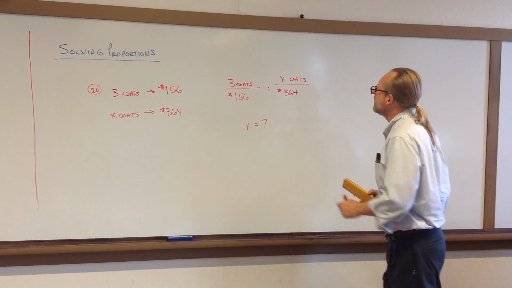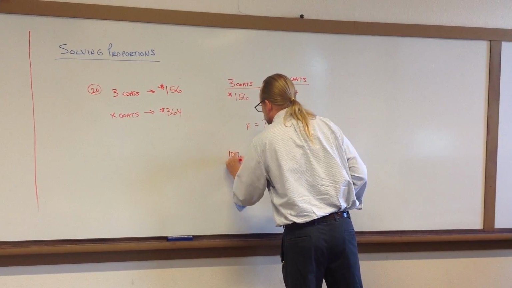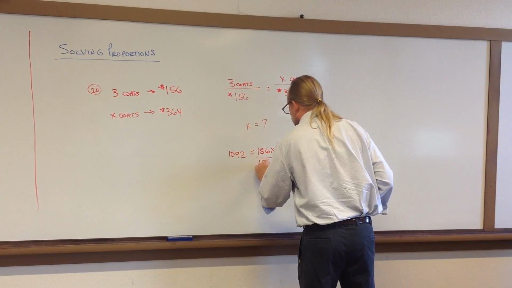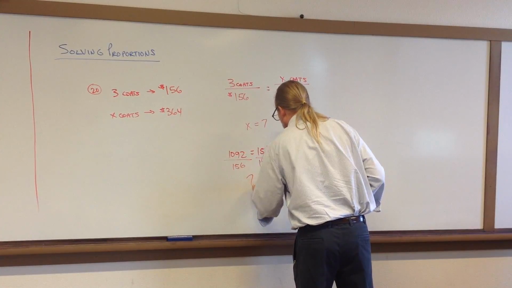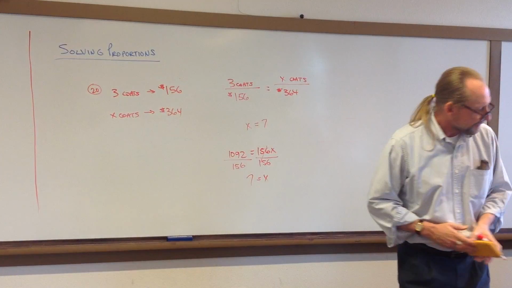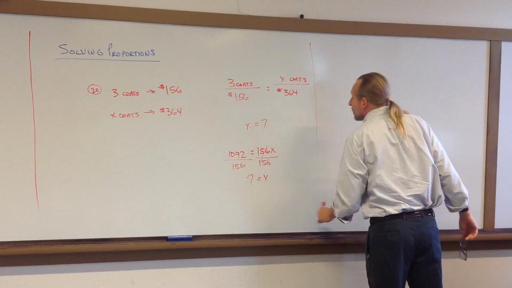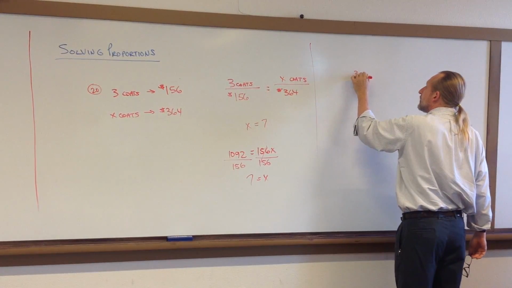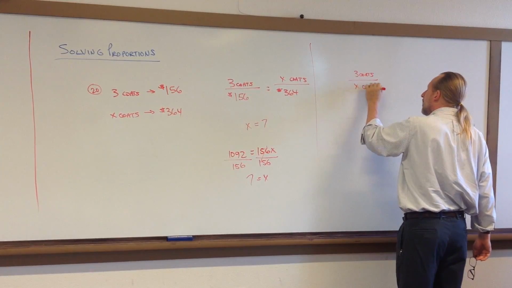Okay? And if we use the algebra again, that 3 times 364, 1092 equals 156x. Divide on both sides by 156. And there's our x equals 7. Now, as we did in the other problem, you could have set this up with the coats together in the same proportion. So here you would say 3 coats is to x coats.